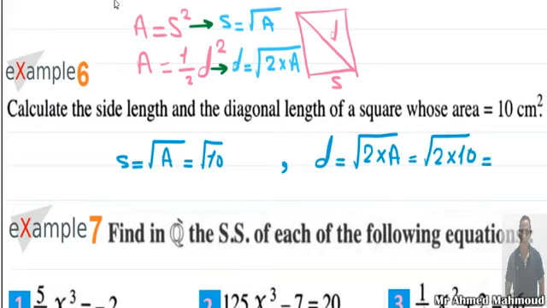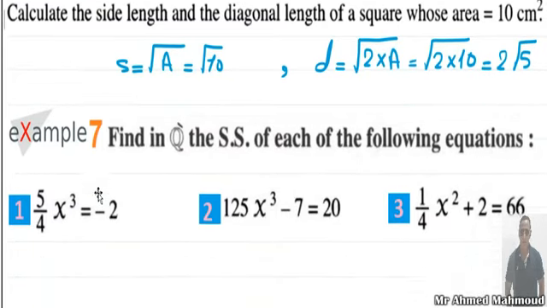In the simplest form it will equal 2 square root 5 centimeters. Now this is the side and this is the diagonal length. Let's solve the next example.